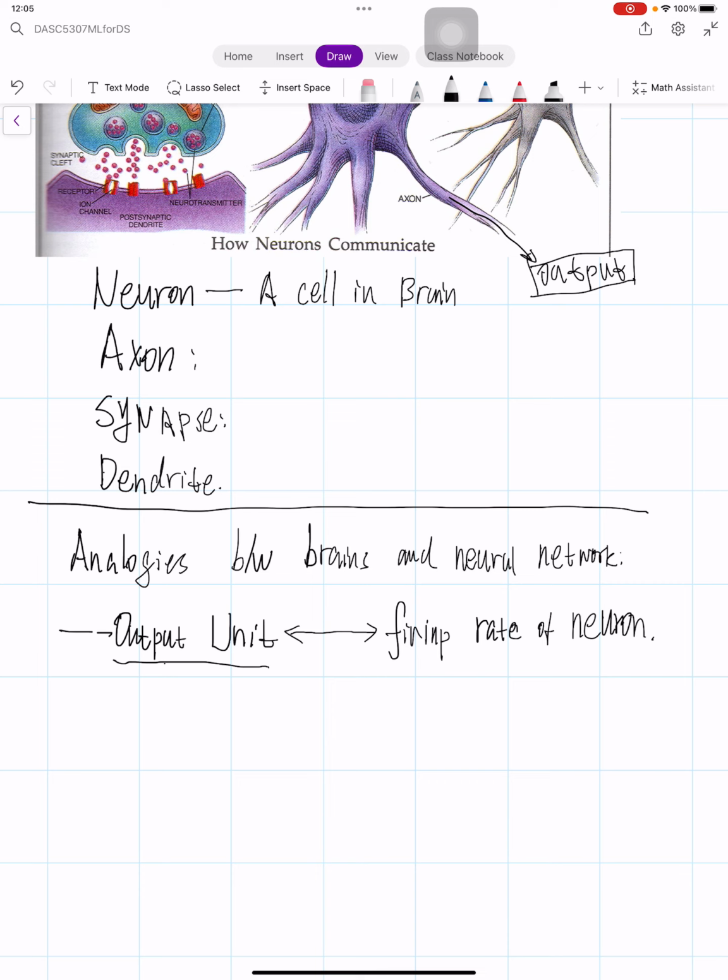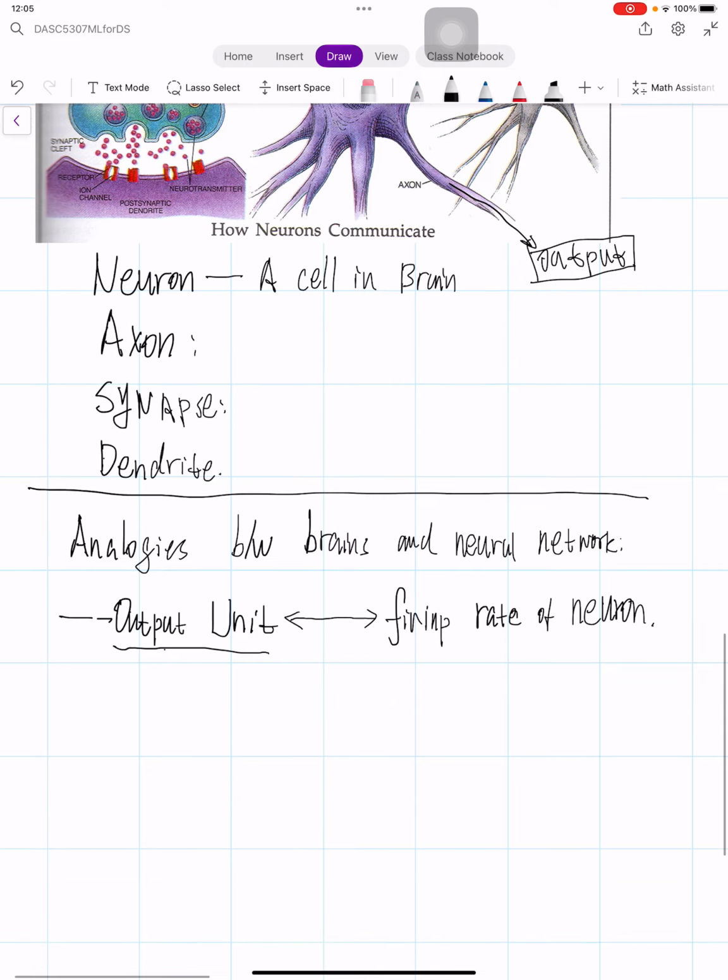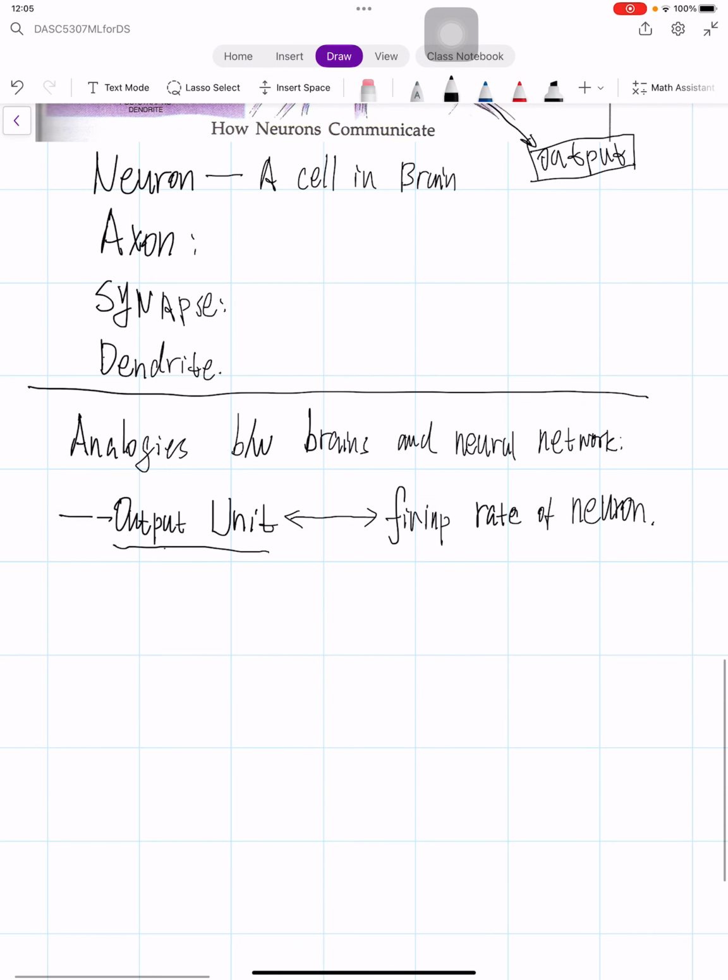Conversely, some types of neurons can go for minutes without firing, while some never stop firing. For those, you might interpret a firing rate of 10 times per second as a zero. So the output is the sending of spikes from the neurons.